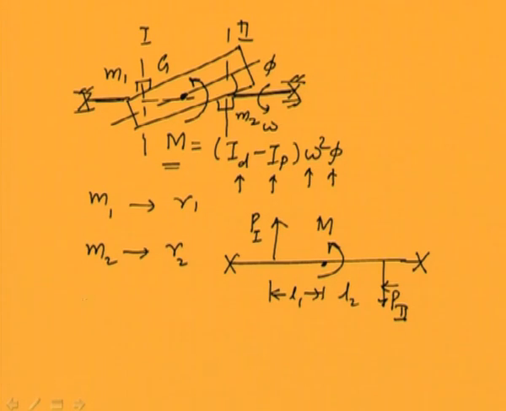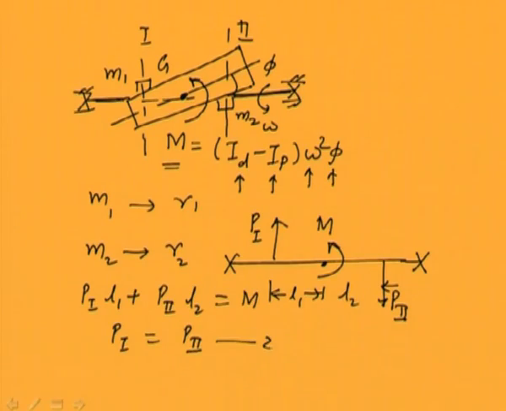So we need to satisfy P1 L1 plus P2 L2 should be equal to the moment which is coming from the inclination, and also this P1 should be equal to P2, because they should not give any unbalanced force.